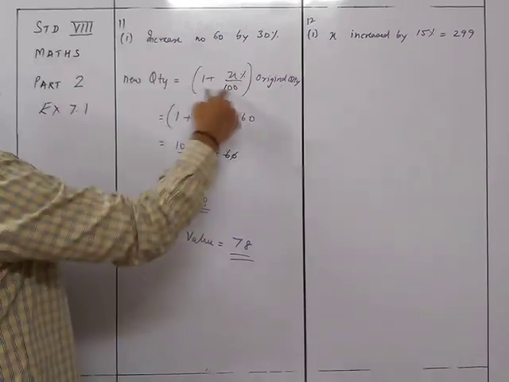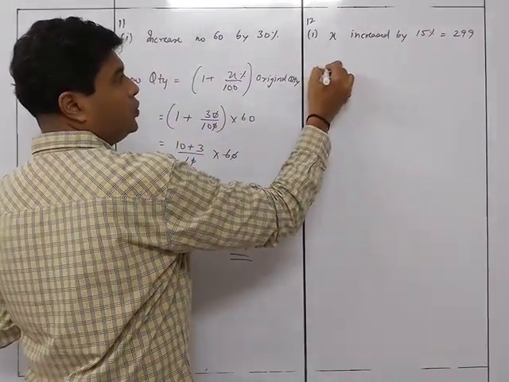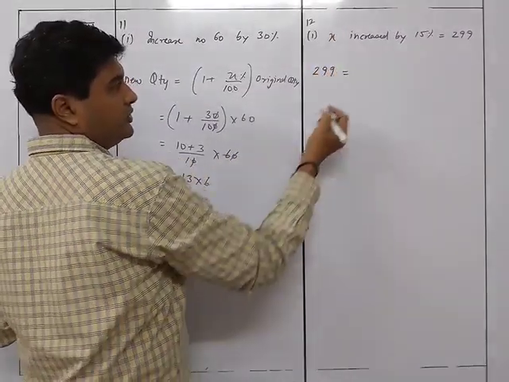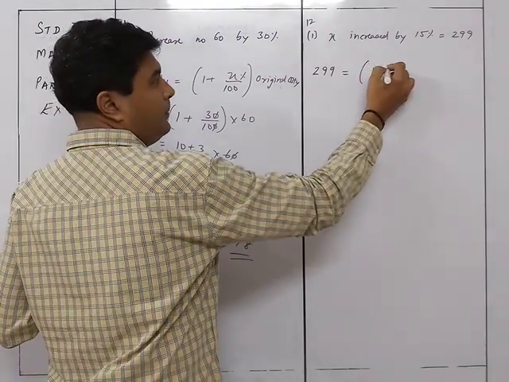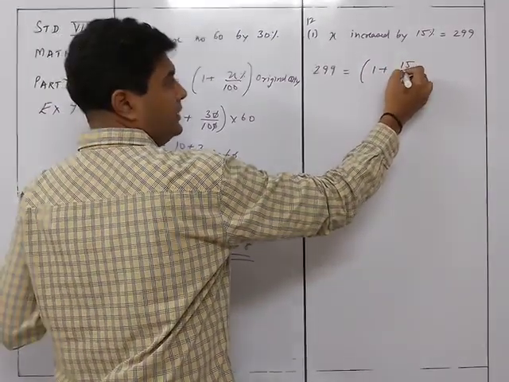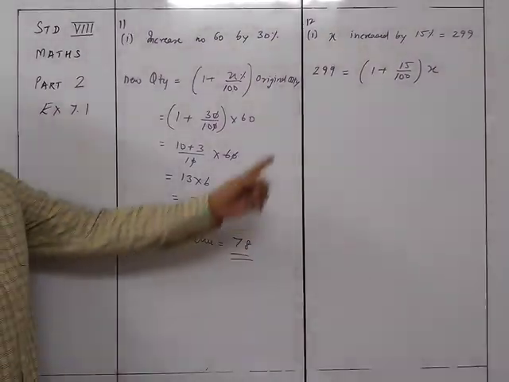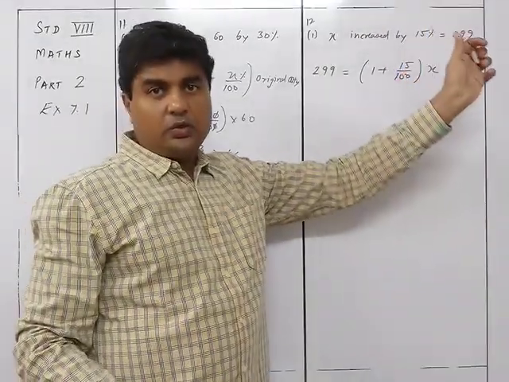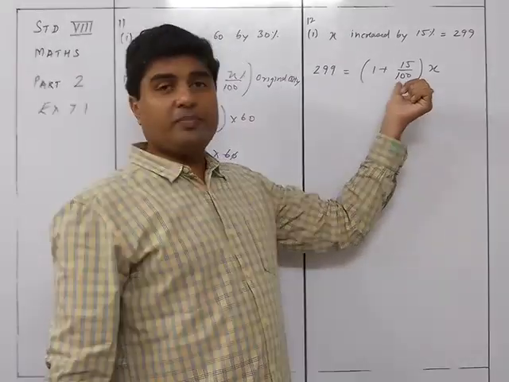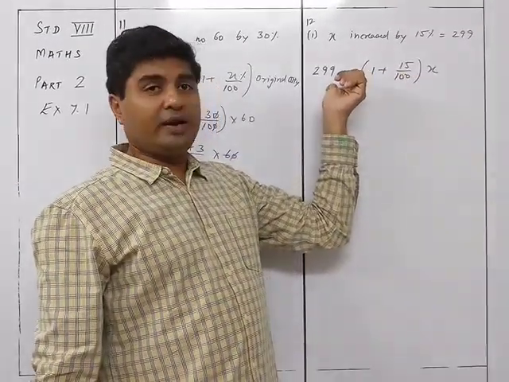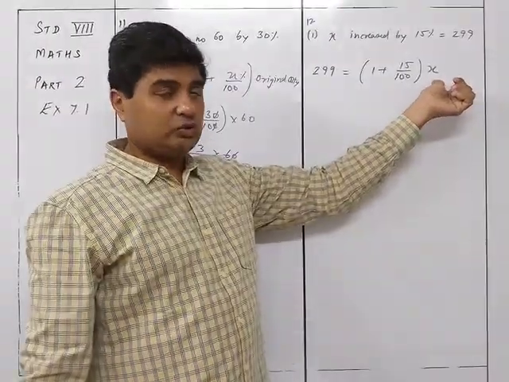So in the same formula, you are going to use it. So it is 299 is equal to 1 plus 15 upon 100 into x, because x was the original value. We are increasing the original value by 15% and then the number becomes 299.